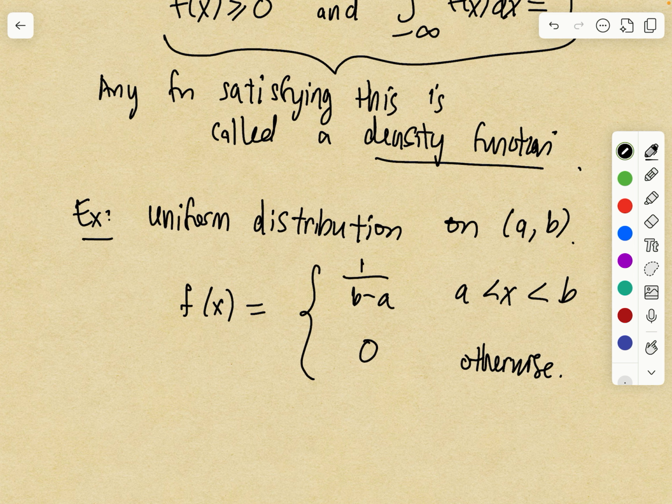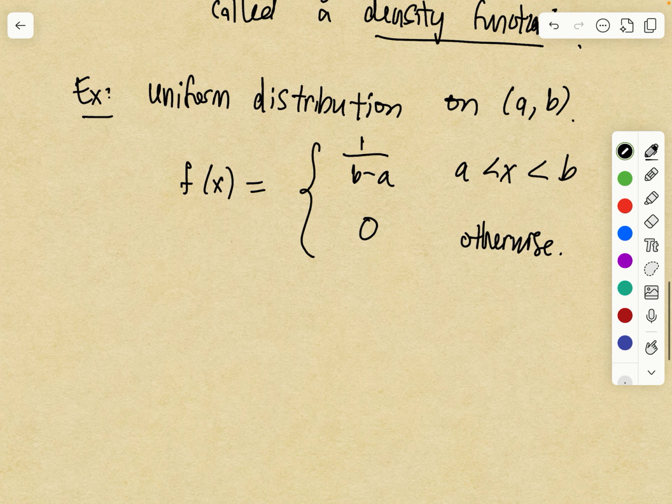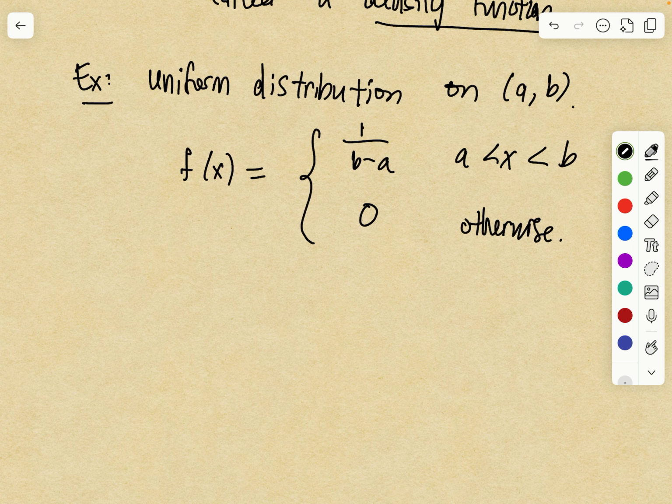So let's check that this is in fact a density function. First of all, f of x is non-negative, right?